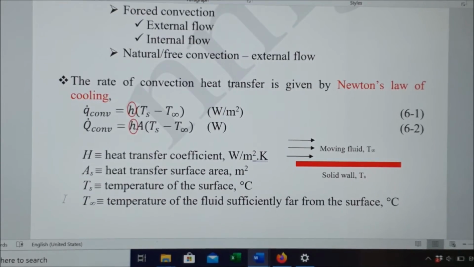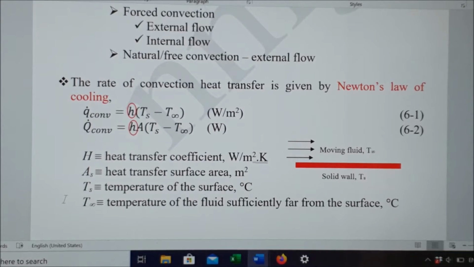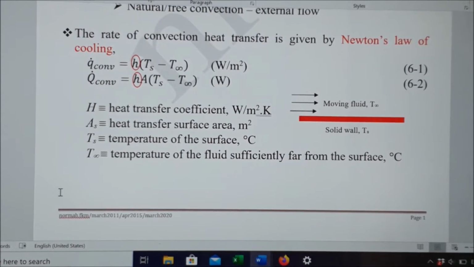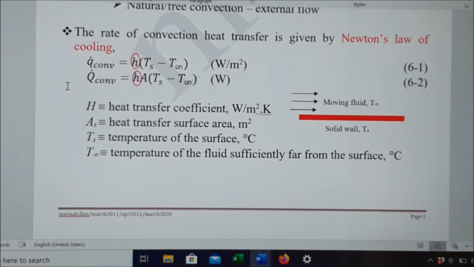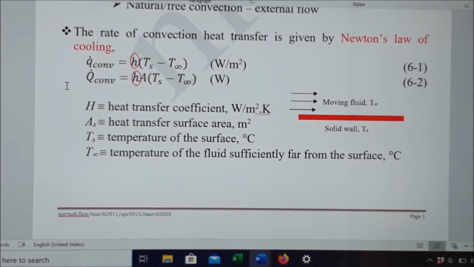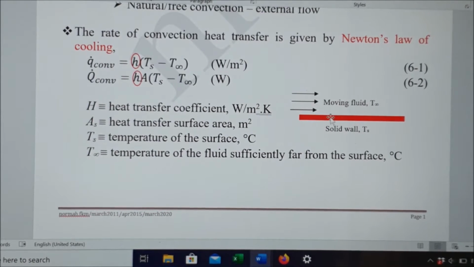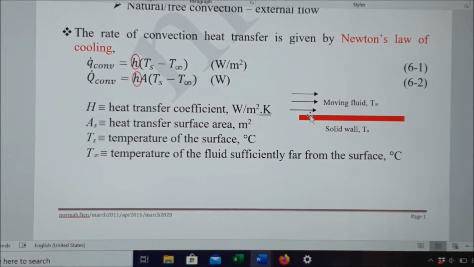Let's have a look at Newton's law of cooling for now. You have here equations 6.1 and 6.2 in your Cengel textbook. The rate of convection heat transfer is given by Newton's law of cooling. Let's say you have a solid wall at a constant temperature Ts, and there's a fluid moving over it at temperature T infinity.